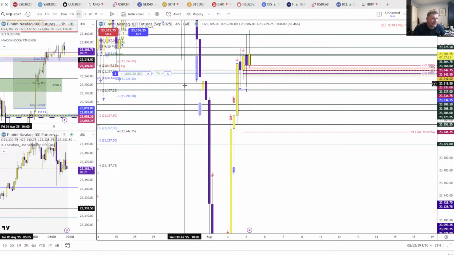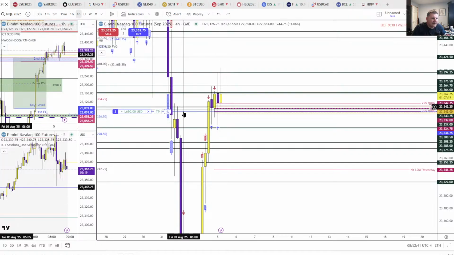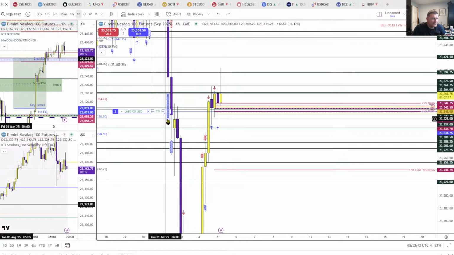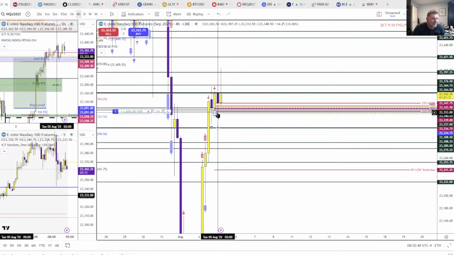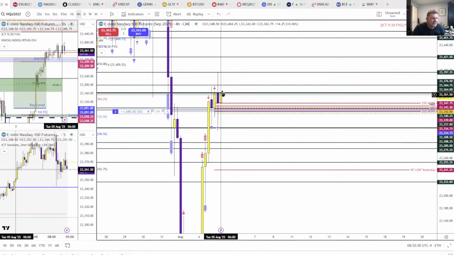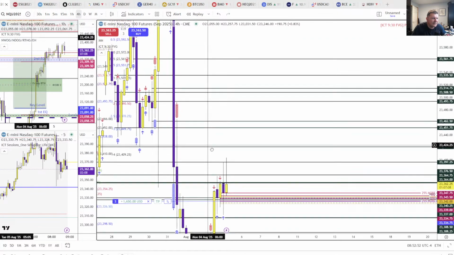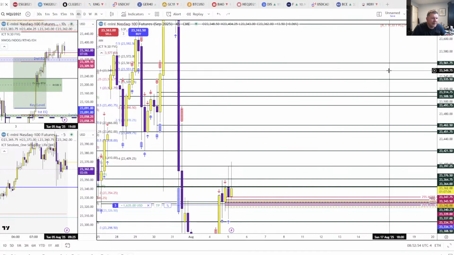I've got a bunch of different levels in there. Anyway, this 4 hour imbalance right here, that's what I want to see trade back into. I got it right here. And then go higher. So I'm looking for this to get up into this premium up top here.